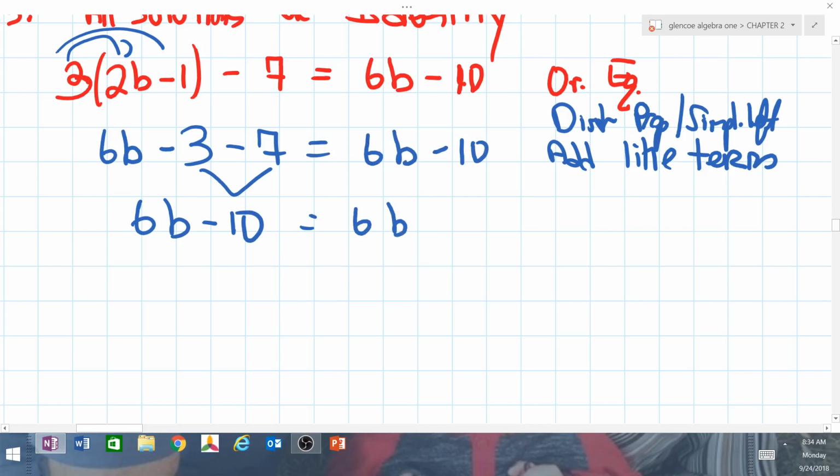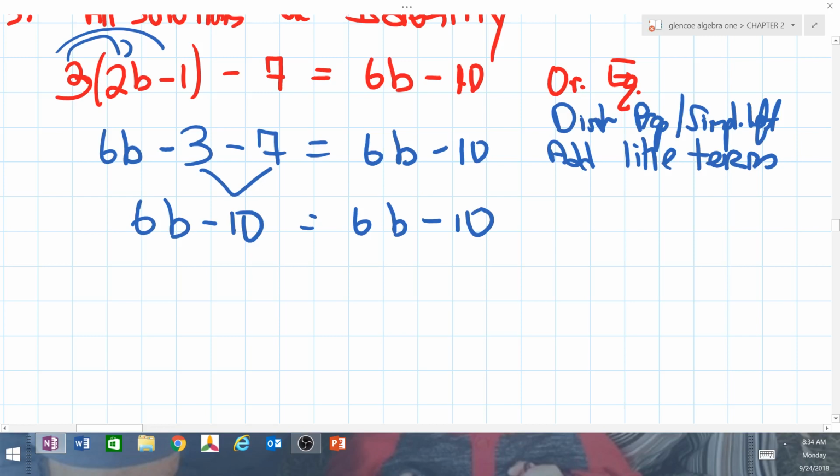Now, some of you might realize right here in this step that when you're looking, you see the same exact thing or identical twins on both sides of the equation. If you see it there, you can answer it and say identity or all solutions. Or we could take it one step further.